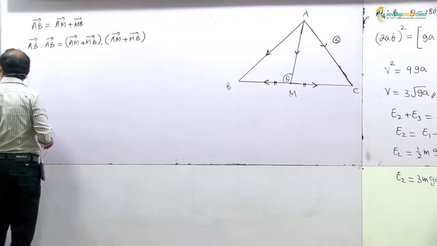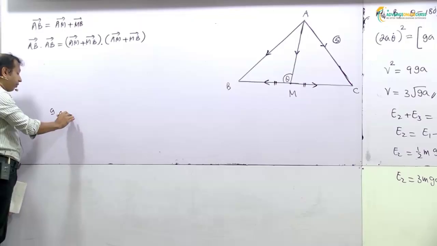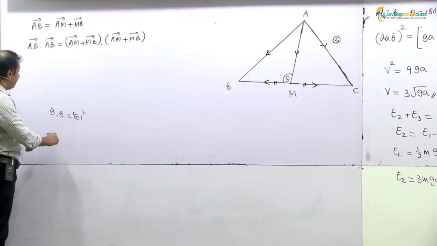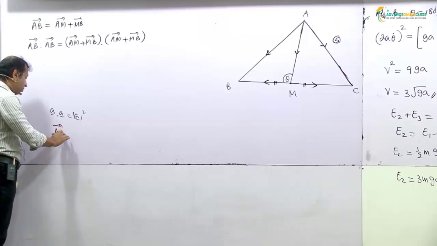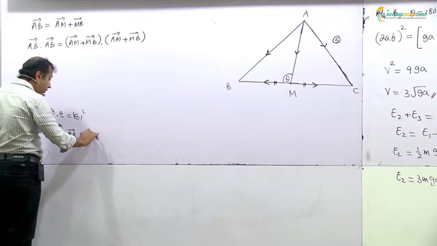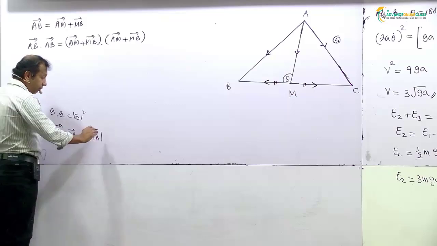a vector dot product with itself, you know what A dot A is? Mod A squared. Then like that, what is AB dot AB? AB vector modulus perfect square.